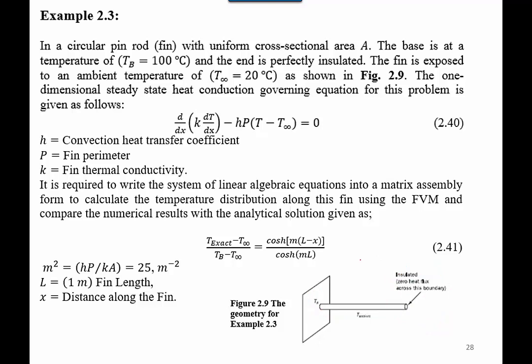The environment has a temperature of 20 degrees centigrade, and there is a convection heat transfer coefficient between this hot rod and the environment.